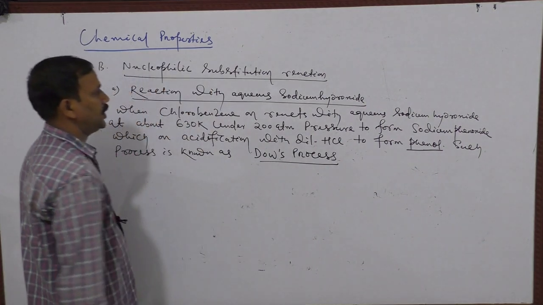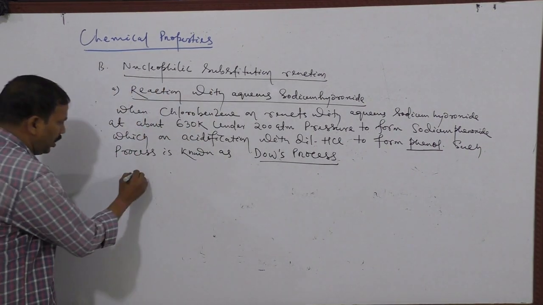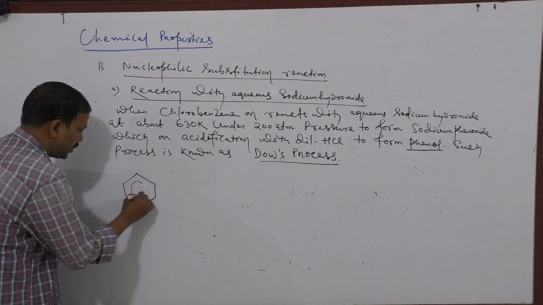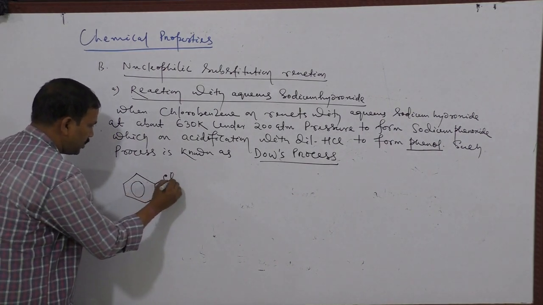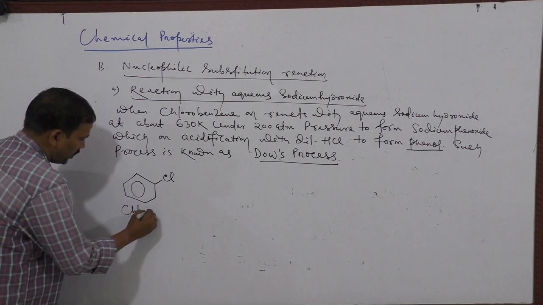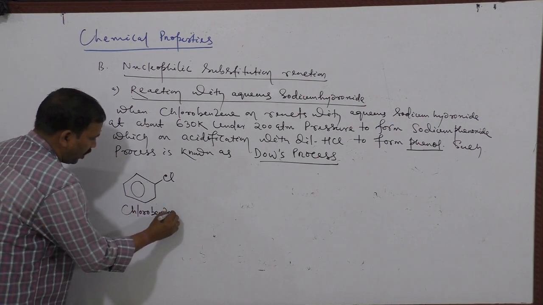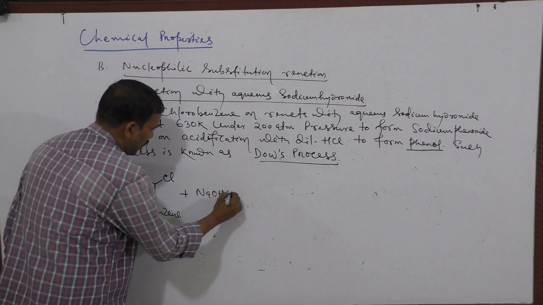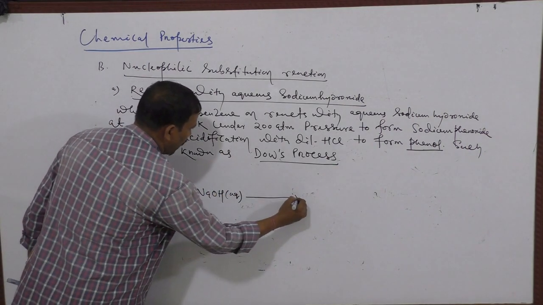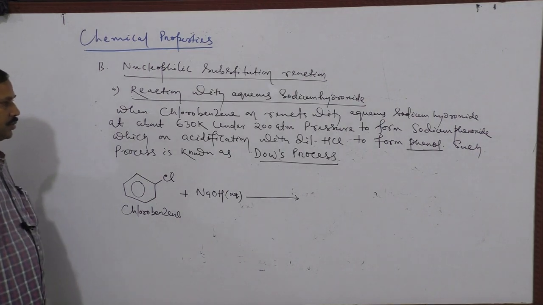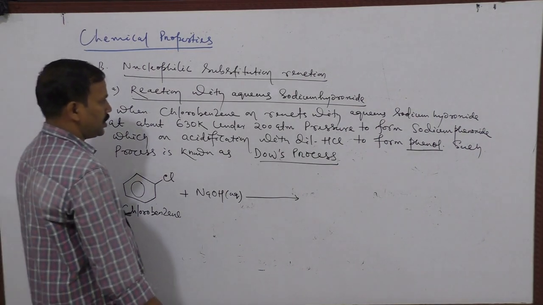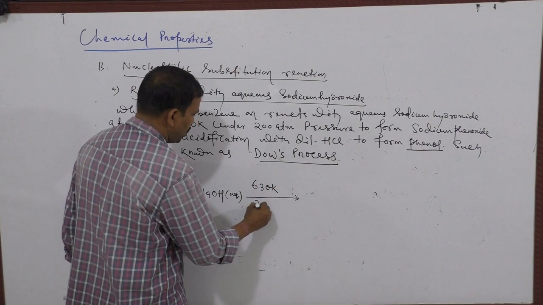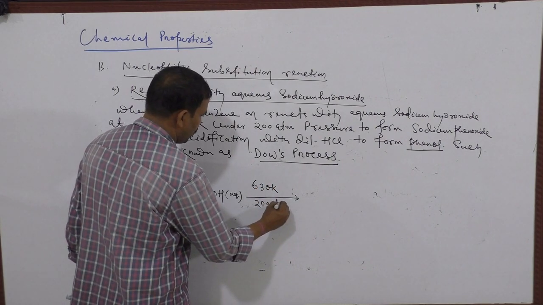Remember, let us see that in an equation form. When chlorobenzene reacts with aqueous sodium hydroxide, means it must be dissolved in water. Condition is 630 Kelvin temperature, 200 atmospheric pressure.